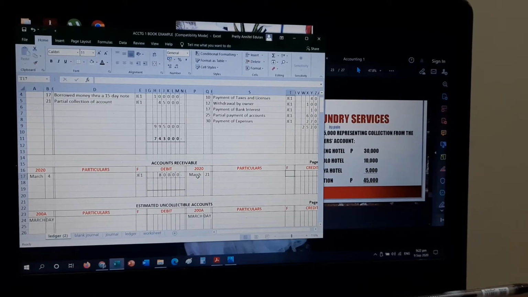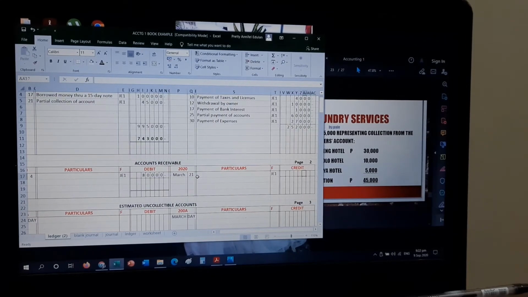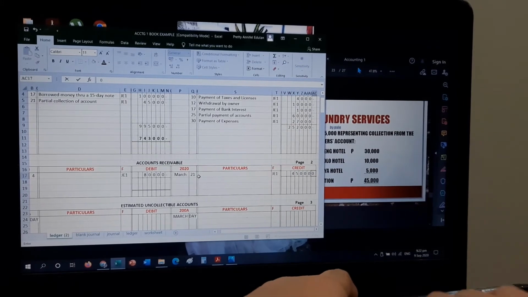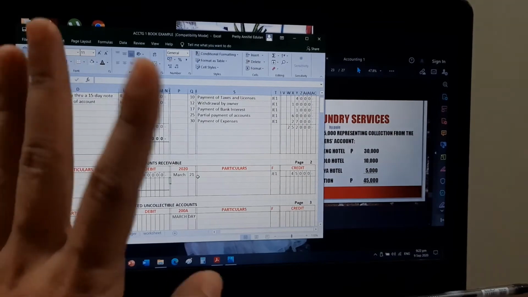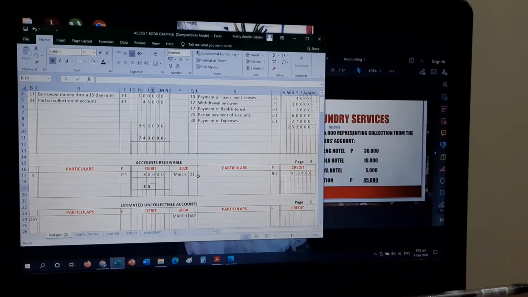So in our ledger, this is March 21. Again, no need to write in the particulars. We are still in the first page of our journal. We will write here the partial payment. That was 45,000. This is now the time, if there are no other transactions pertaining to receivable, if you get the footing or the account balance, this will be 35,000.